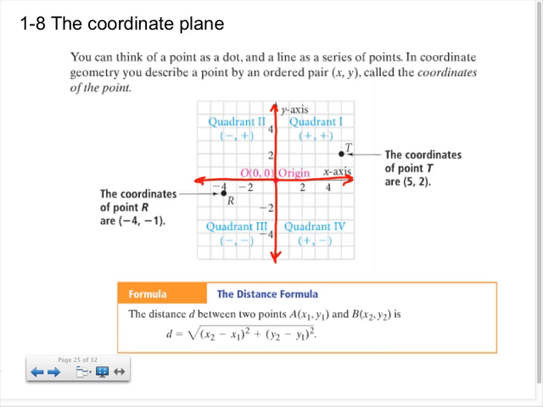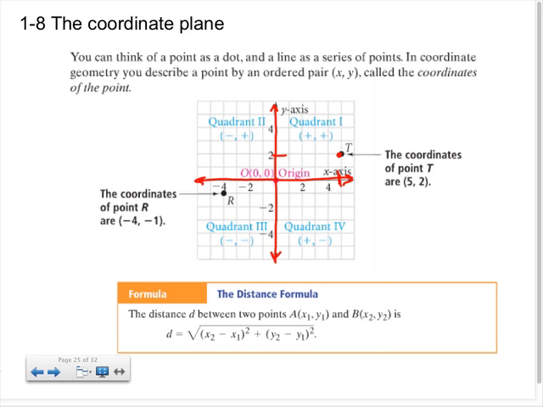By treating these two axes as a series of points, we can actually plot points in between them, and we call those points their coordinates. So let's take, for example, point T in the right-hand corner here. Point T sits on some value of the x-axis and on some value of the y-axis.